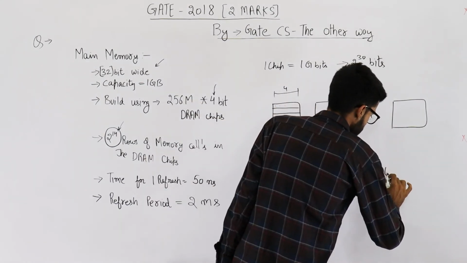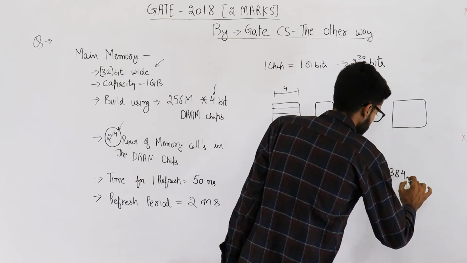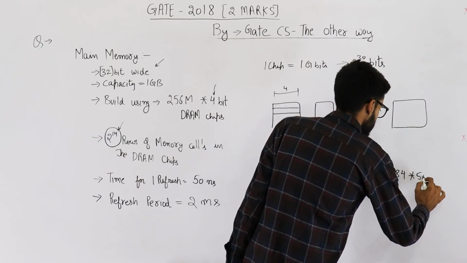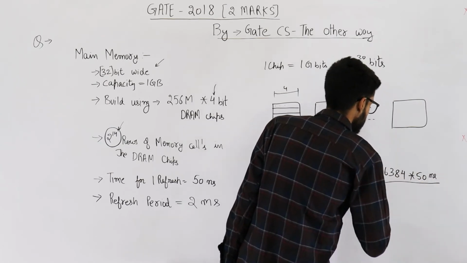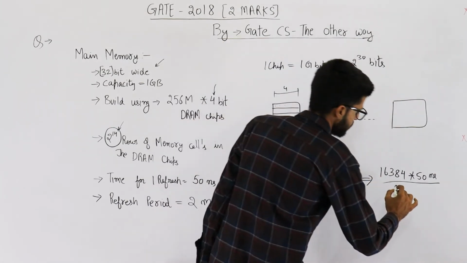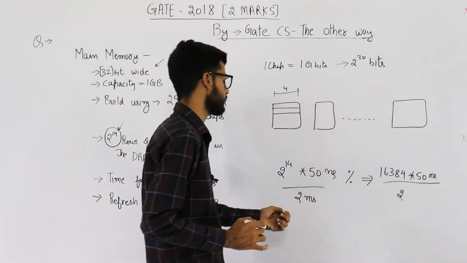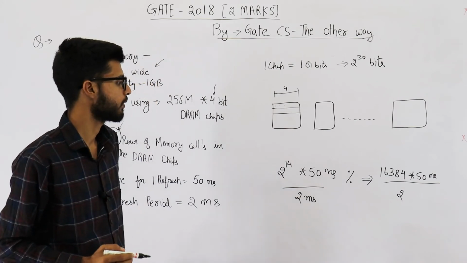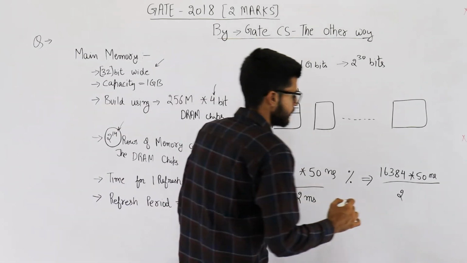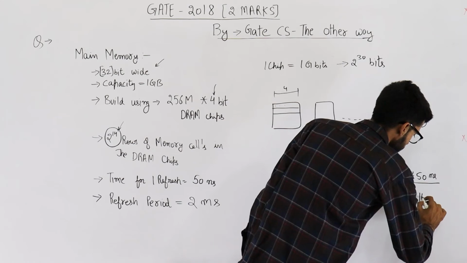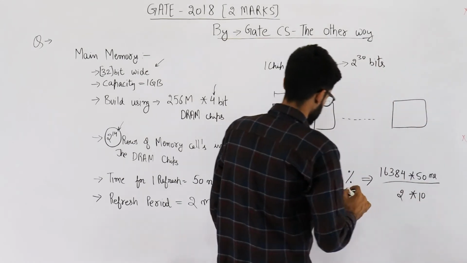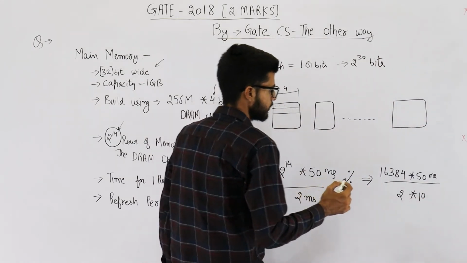This is going to be 16,384 into 50 nanoseconds by 2 milliseconds. So convert this 2 milliseconds into nanoseconds. This will be into 10 raised to the power 6.